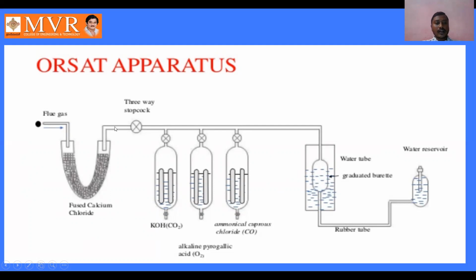When the flue gases are entering the graduated burette, see here the three bulbs' stopcocks are closed. If these stopcocks were open, the flue gases would directly enter these three bulbs. For that reason, the three bulbs' stopcocks are closed when the flue gases enter the graduated burette.